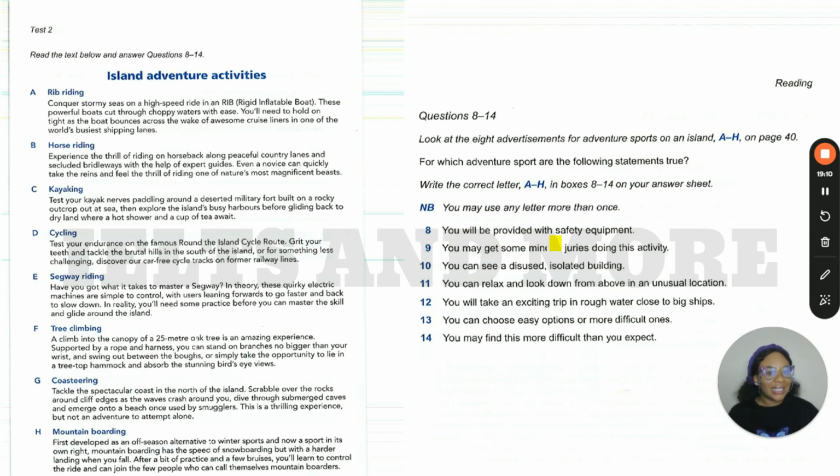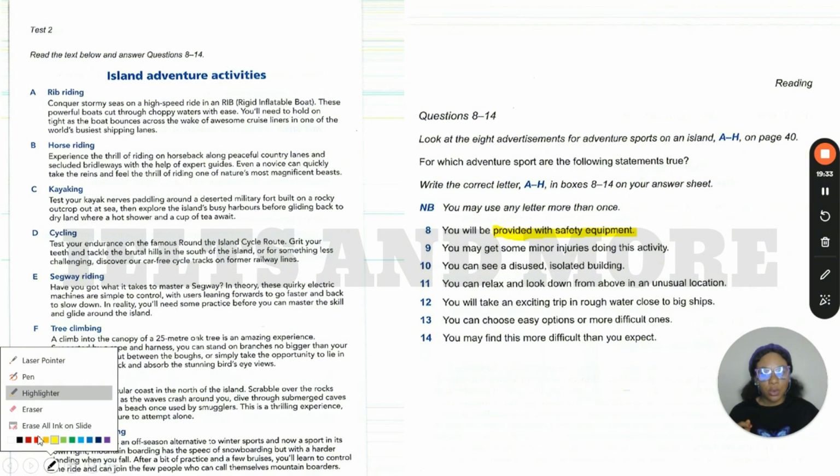You will be provided with safety equipment. Provided with safety equipment. So this is the major keyword here. Sometimes they come as a group of words, okay? It doesn't necessarily have to be just one word. So you will be provided with safety equipment.